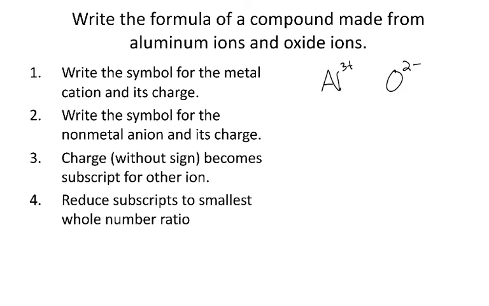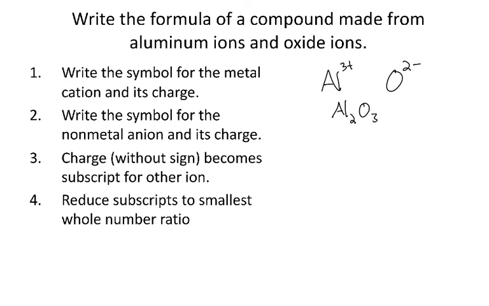I'm looking for the lowest common multiple of 3 and 2, which is 6. To get to 6 plus and 6 minus, I'm going to need 2 aluminums and 3 oxygens. Because 2 times 3 is +6, and 3 times -2 is -6, and so the +6 cancels with the -6.